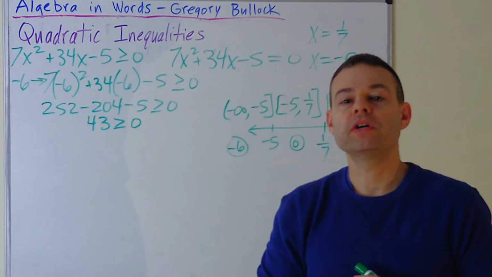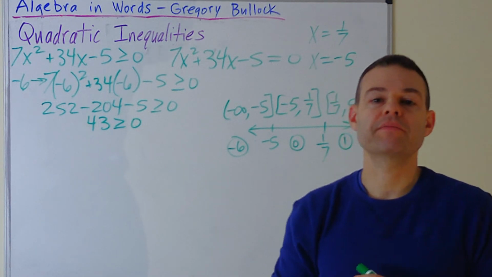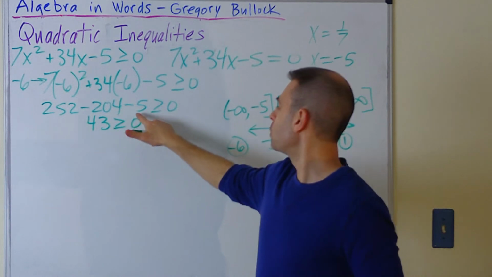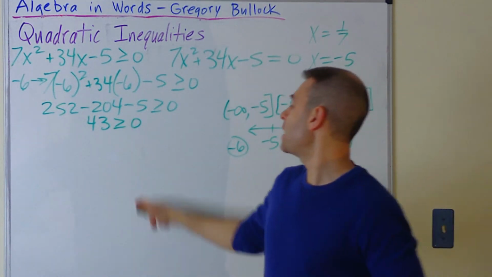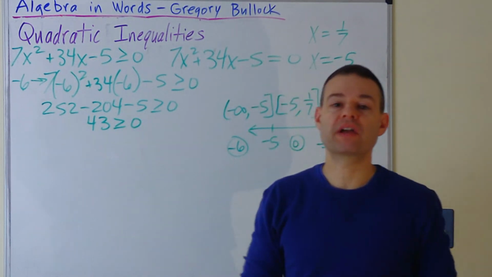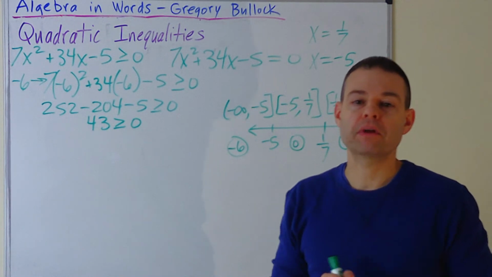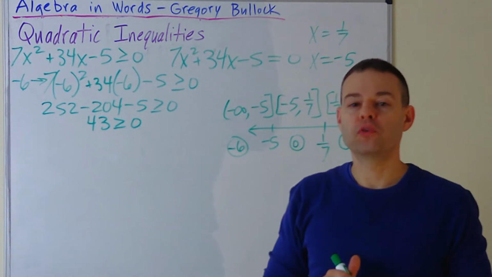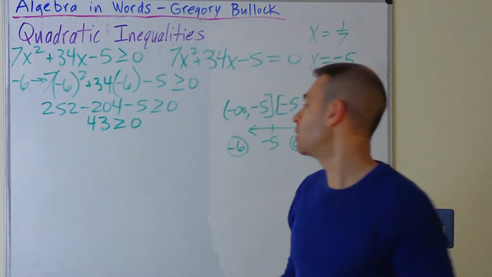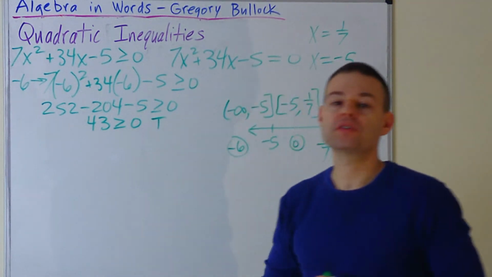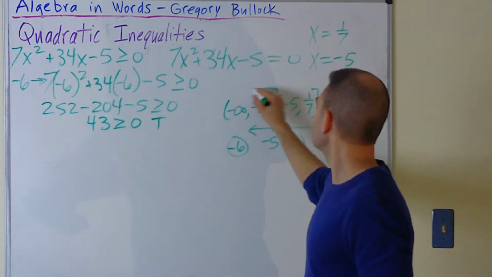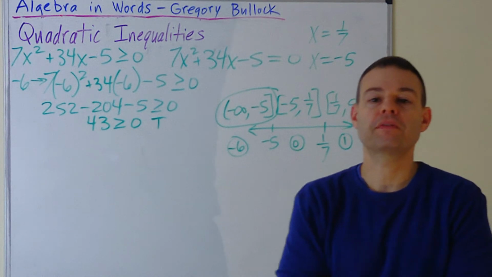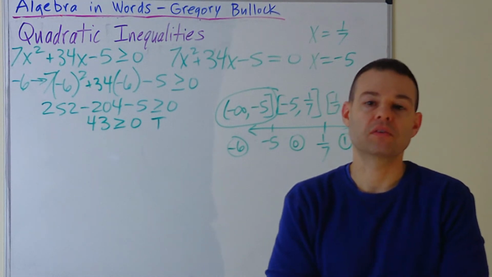I paused the video and calculated the numbers for you, and they came out to 252 minus 204 minus 5, and when you combine them you get 43 is greater than or equal to 0. You can check my math on that. Is that statement true or false? It's true. 43 is greater than or equal to 0. And what does true mean? Keep that region from that test point, and I circled that.